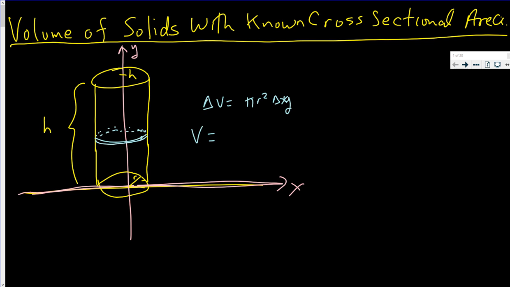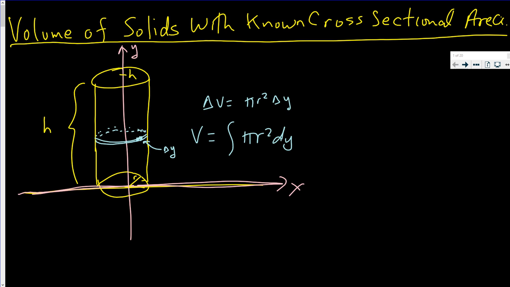That thickness is a delta y. So if we add up all of these cross-sectional areas, what we will get is the integral of pi r squared dy. Now what's y going from?